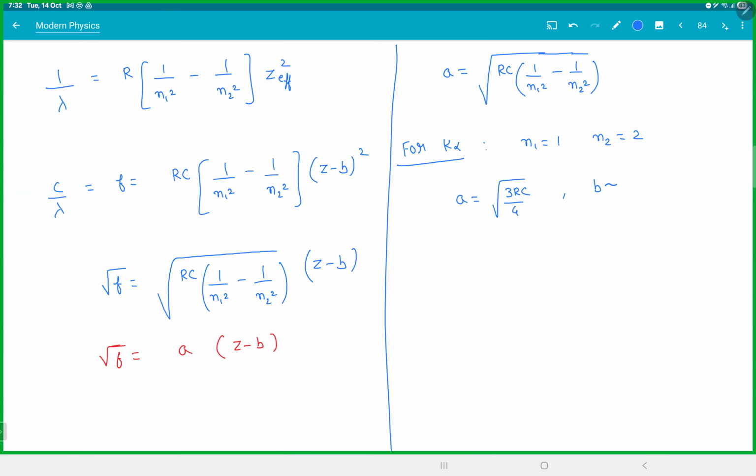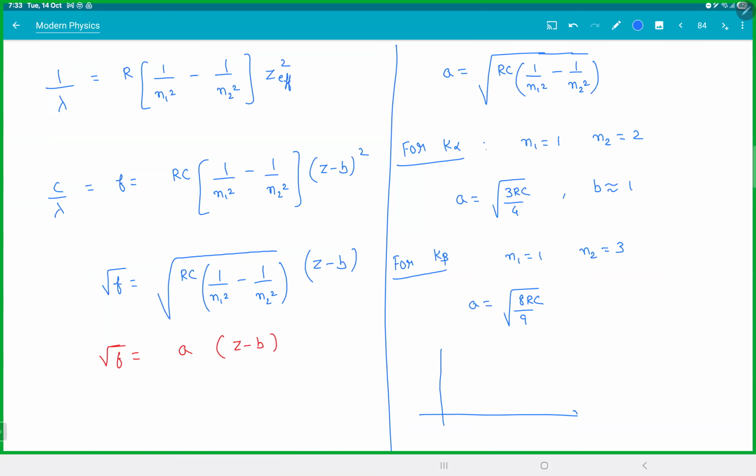And the B value is approximately 1. If you take K beta, then n1 is equal to 1 and n2 is equal to 3. Then here A will be root over 8Rc by 9. So that A value will depend on that. And B value, we don't know. They have to give this. We can't say it is 1 or 2.